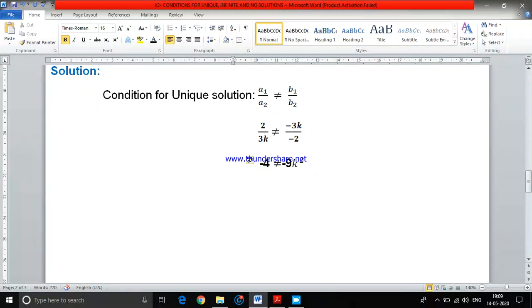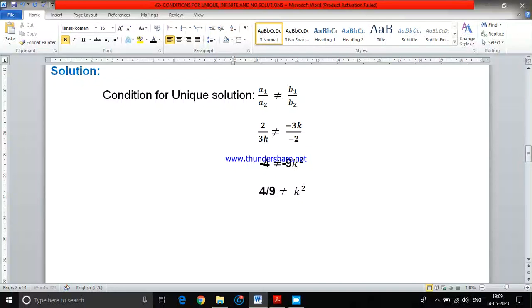Then you get 4 upon 9 is not equal to k square.